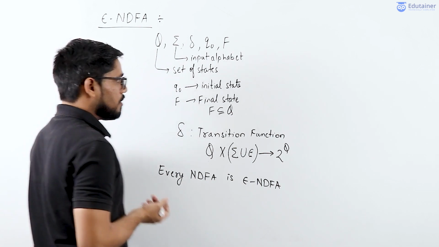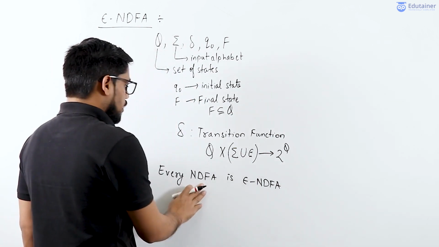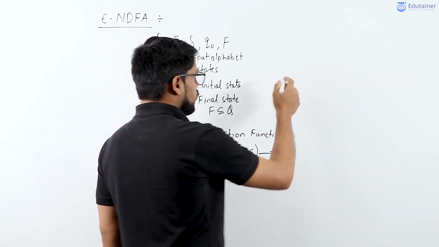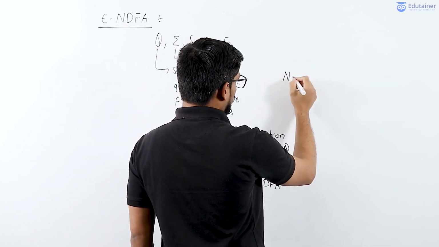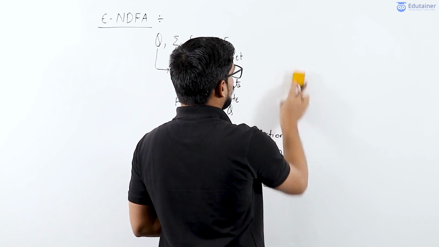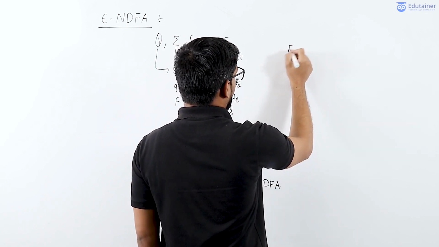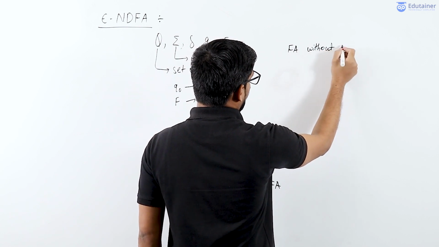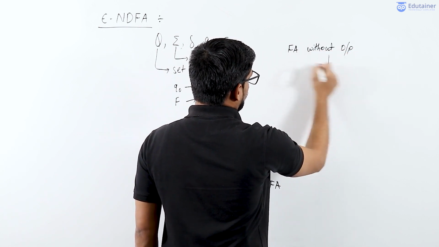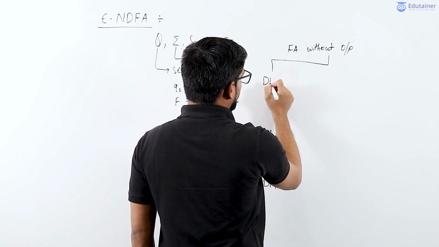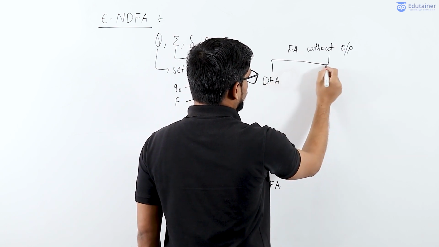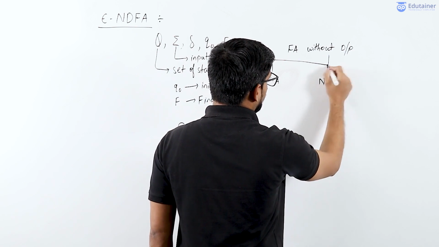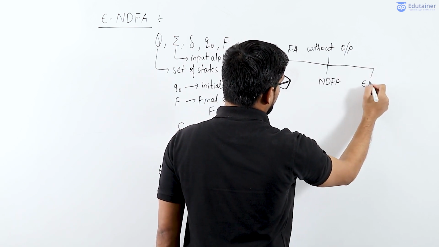So in the whole classification of finite automata without output, one is DFA, another is NDFA, and the last is epsilon NDFA.